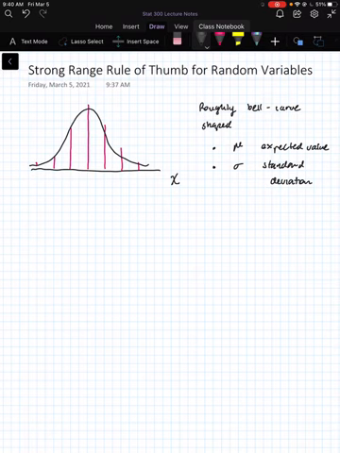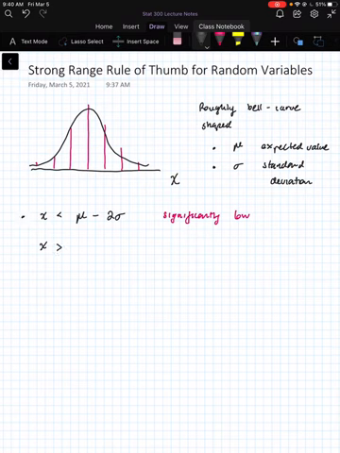Then, for any outcome x, we say that if this outcome is less than mu minus 2 sigma, in other words, more than 2 standard deviations less than the mean, then we would call this outcome significantly low.